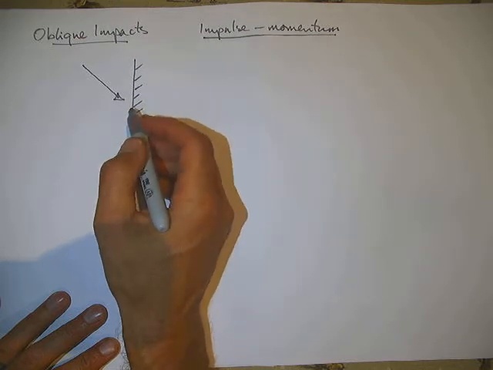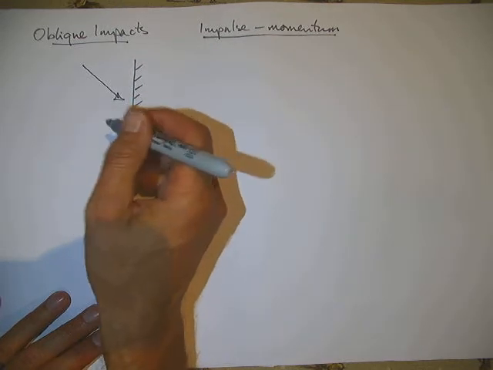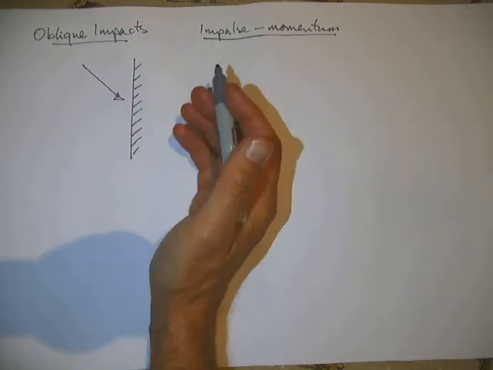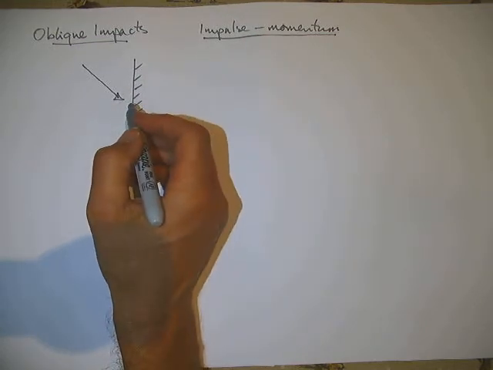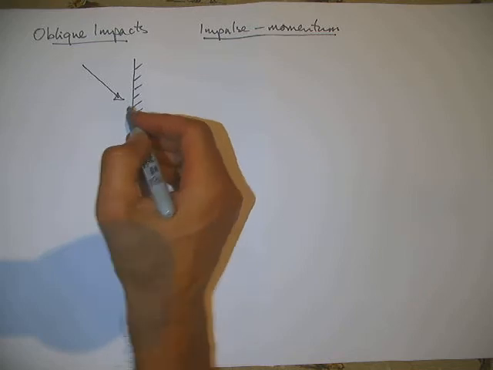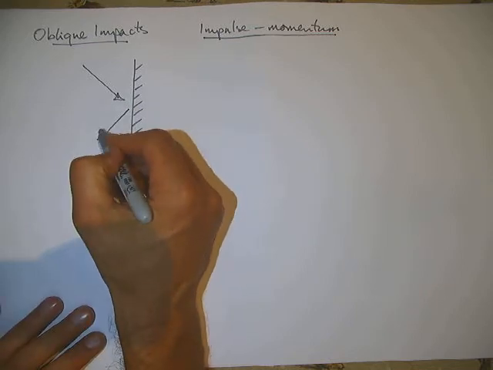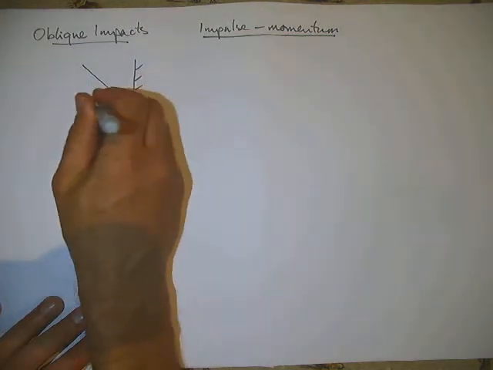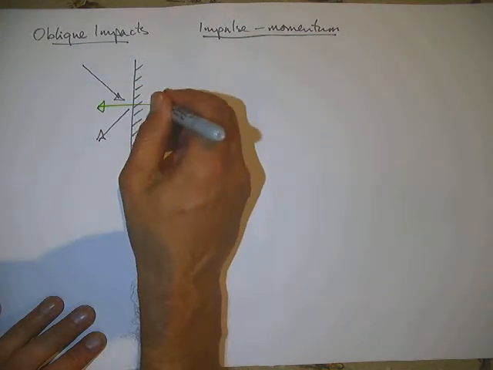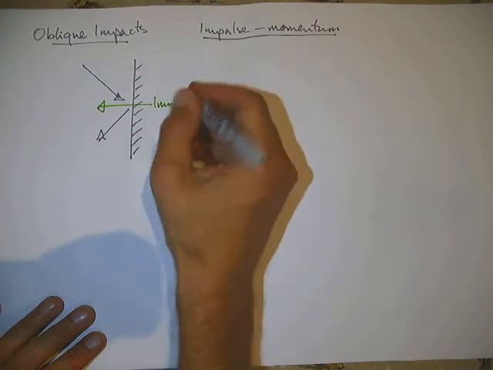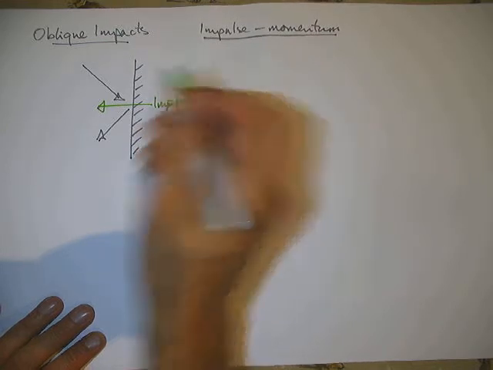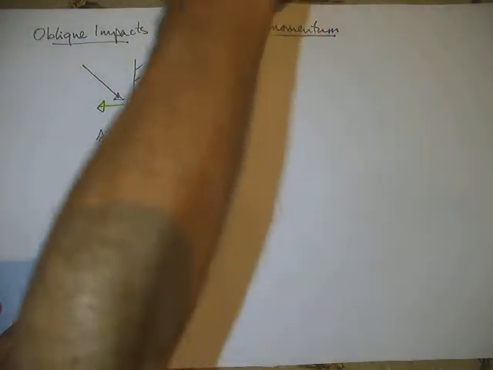When it strikes, we can incorporate the coefficient of restitution in the impact, but the key thing will be that the impulse is perpendicular to the wall. Okay, impulse is perpendicular to the surface.